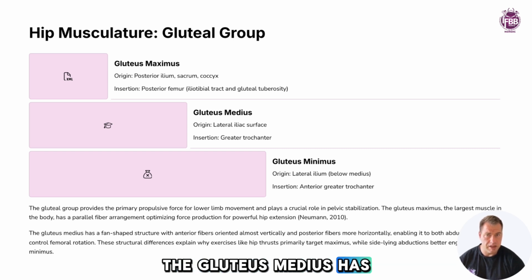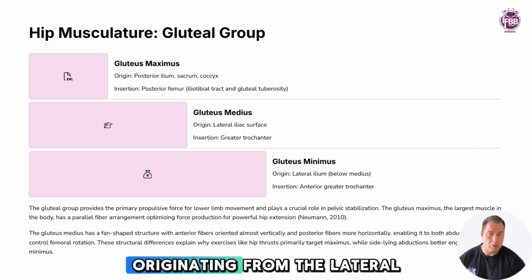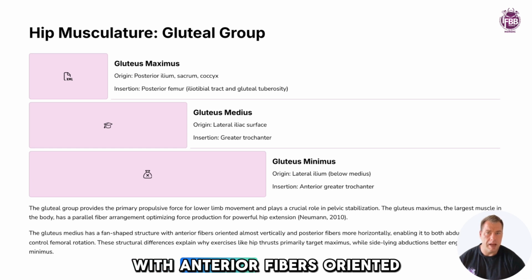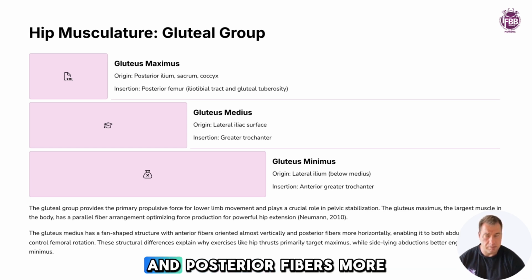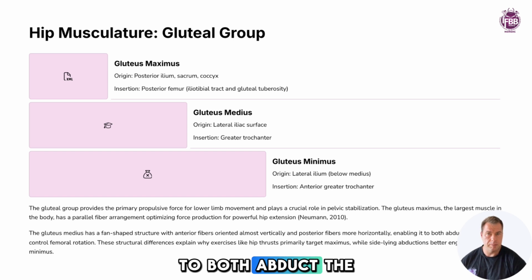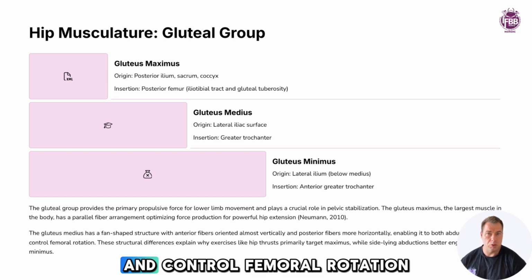The gluteus medius has a fan-shaped structure originating from the lateral iliac surface and inserting on the greater trochanter, with anterior fibers oriented almost vertically and posterior fibers more horizontally. This architecture enables it to both abduct the hip and control femoral rotation.